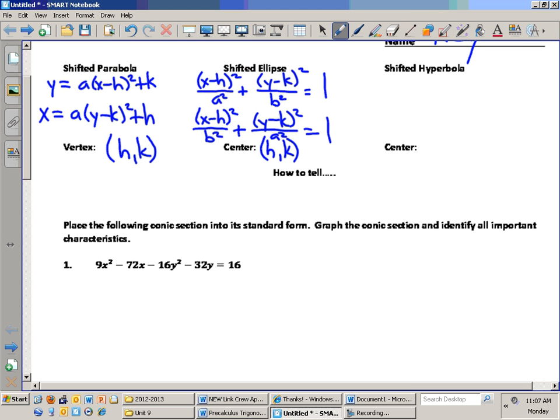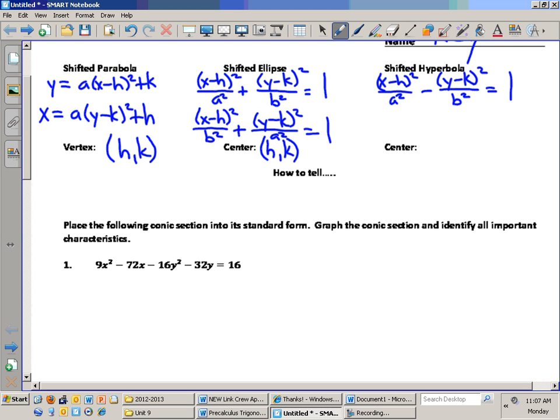That's correct. And for a hyperbola, we'll go like this. (x minus h) quantity squared over a squared minus (y minus k) quantity squared over b squared equals 1. Now, is that hyperbola a horizontal one or a vertical one?